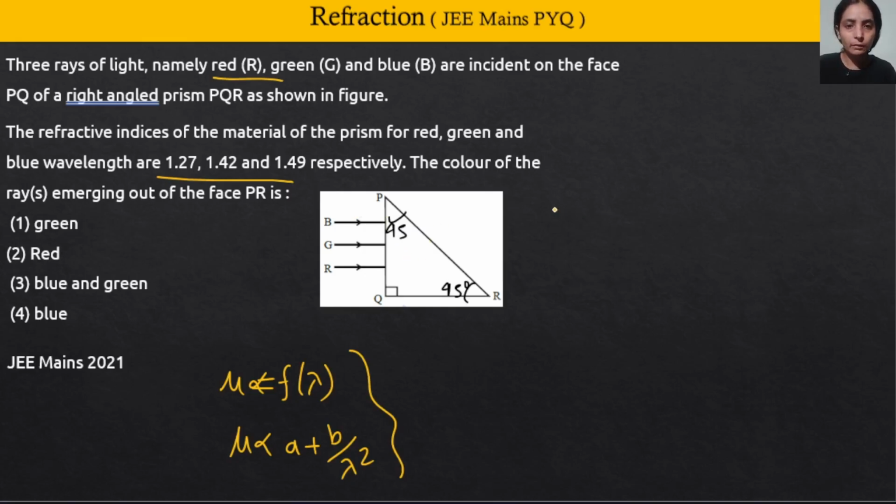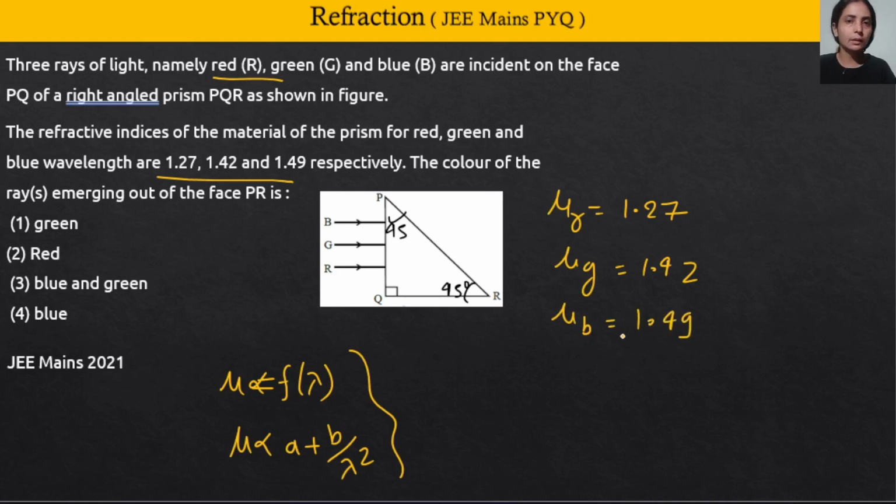So for red it is given as how much? 1.27. And for green it is given as how much? 1.42. And for blue it is given as how much? 1.49. Now see what it is asking here: the color of the ray emerging out of the face PR. So which light will go out of face PR? This light is incident at what angle? At an angle of 45 degrees. So which light will get totally internally reflected?